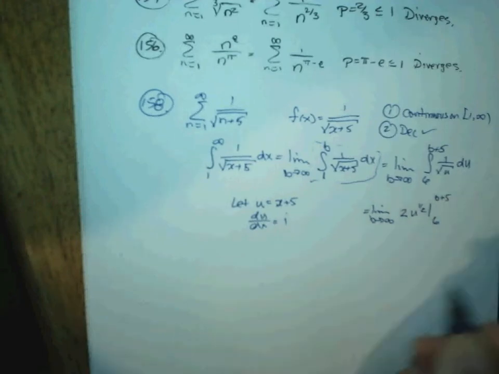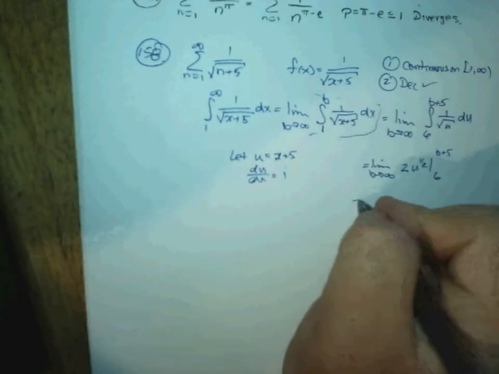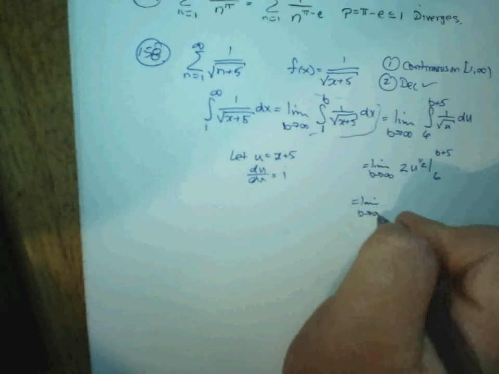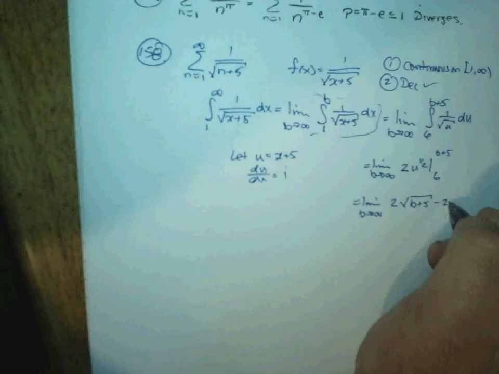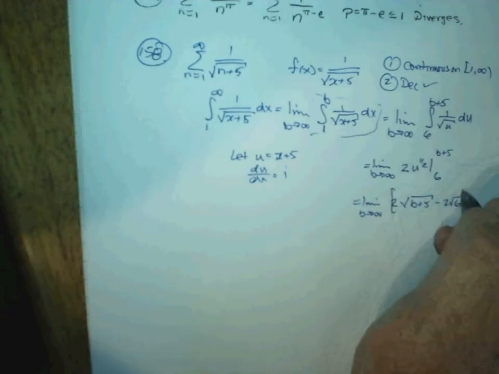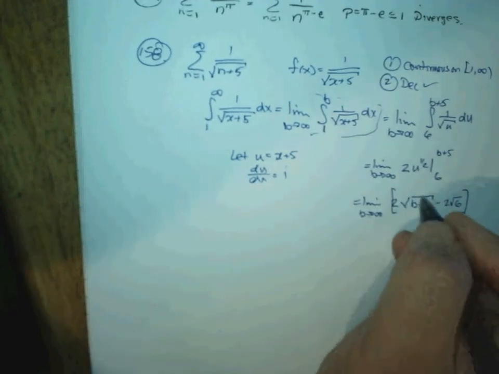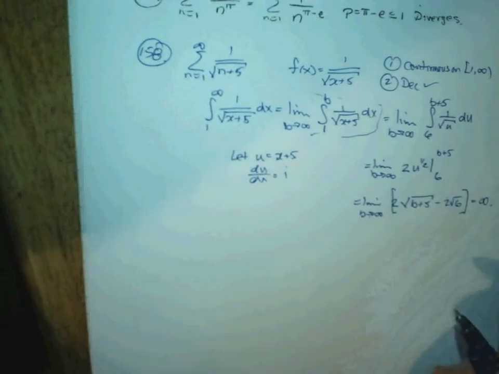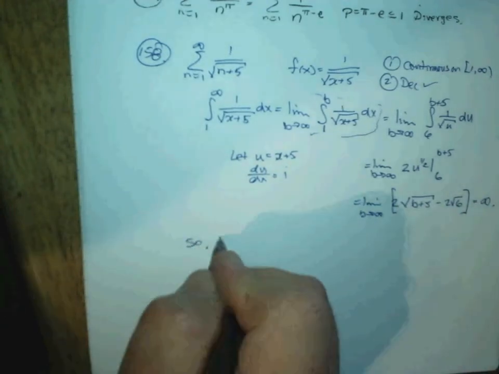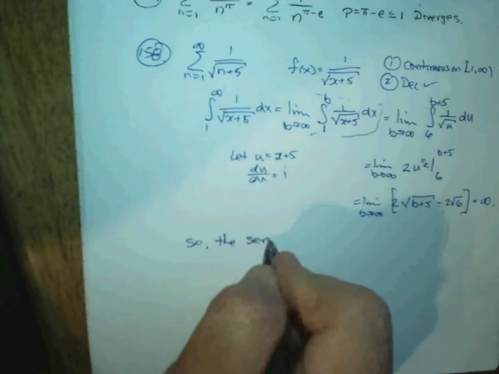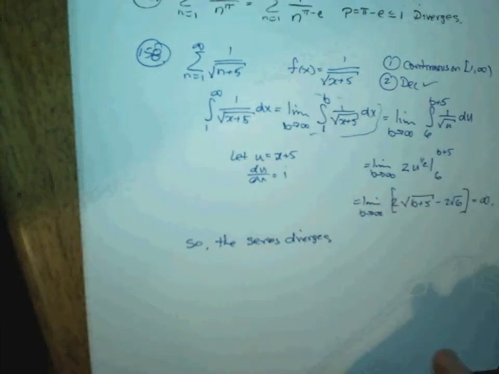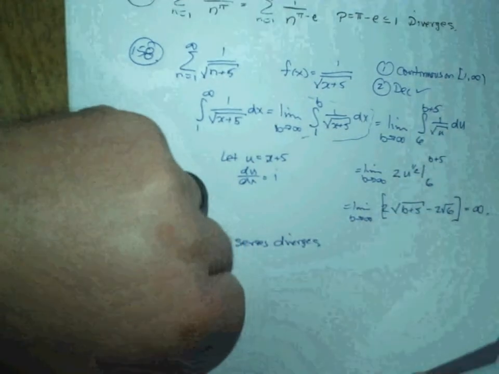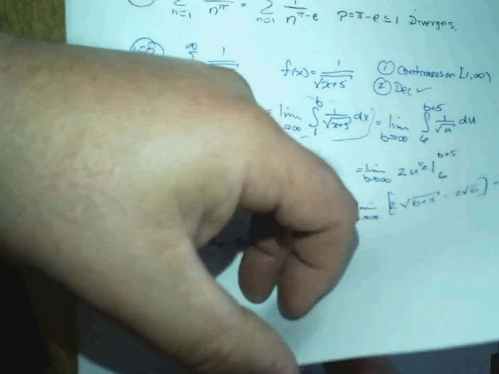So that's going to be 2u to the half when I integrate it from 6 to b plus 5. As b goes to infinity, you get the square root of infinity is infinity. So the series diverges, right? The improper integral diverged, therefore the series diverges as well.